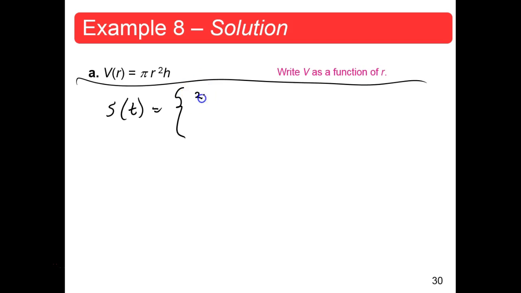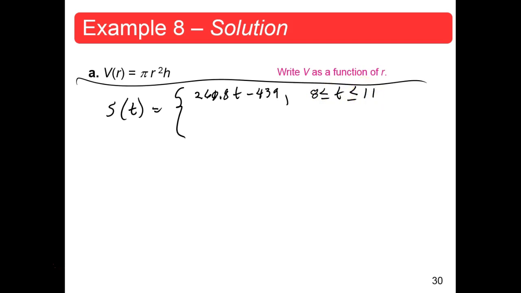And that would be 260.8 T minus 439. Now don't put too much emphasis on the actual numbers there, and this is good for 8 less than or equal to T less than or equal to 11.